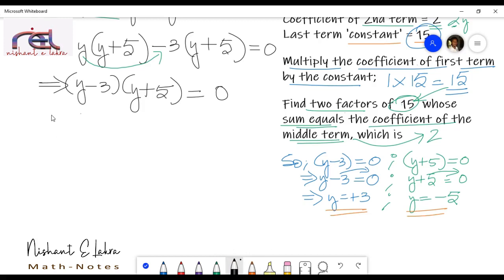I will write it down where we are solving it. So y is equal to either plus 3 or minus 5. We are coming close to the answer.